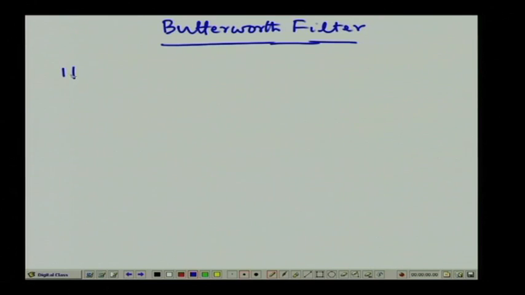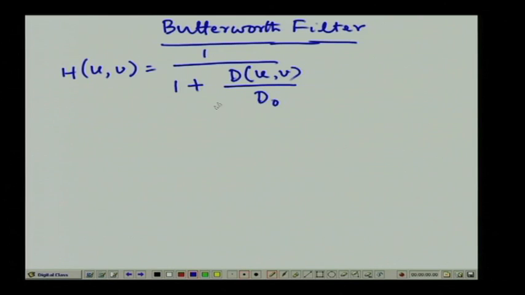The Butterworth low pass filter has a frequency response given by H(u,v) equal to 1 upon 1 plus (D(u,v) by D0) to the power 2n. So, this is a Butterworth filter of order n.